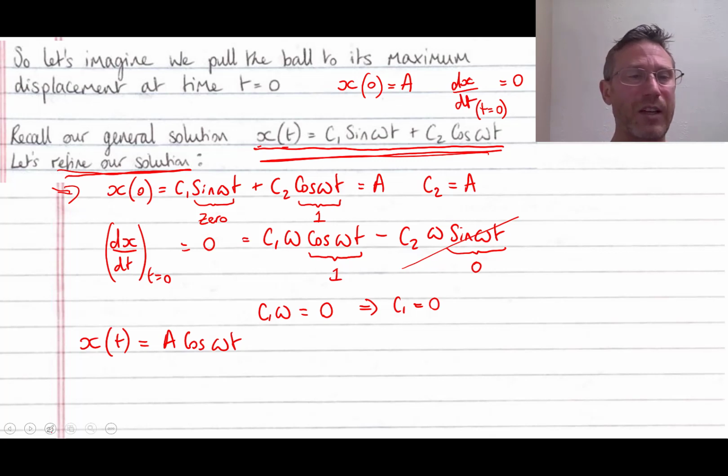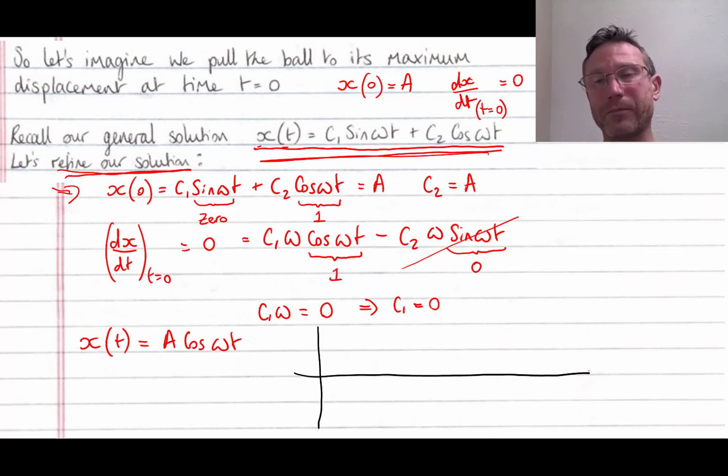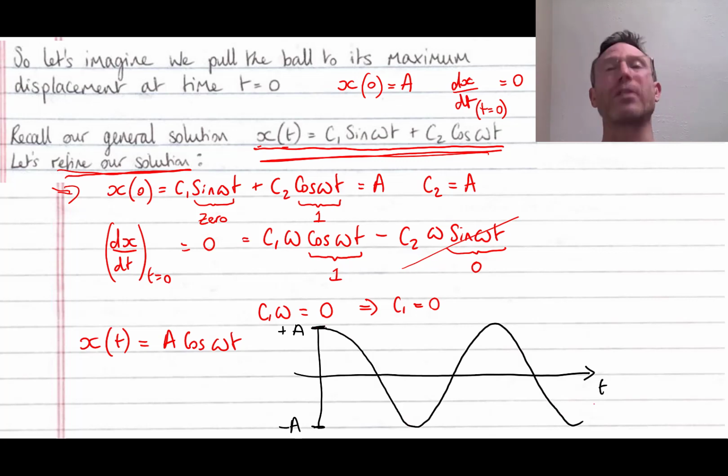So let's change colors here for a second. So we have a cosine wave that goes from plus A as our amplitude to minus A. And so here's the solution. And we recognize, again, this is our amplitude.